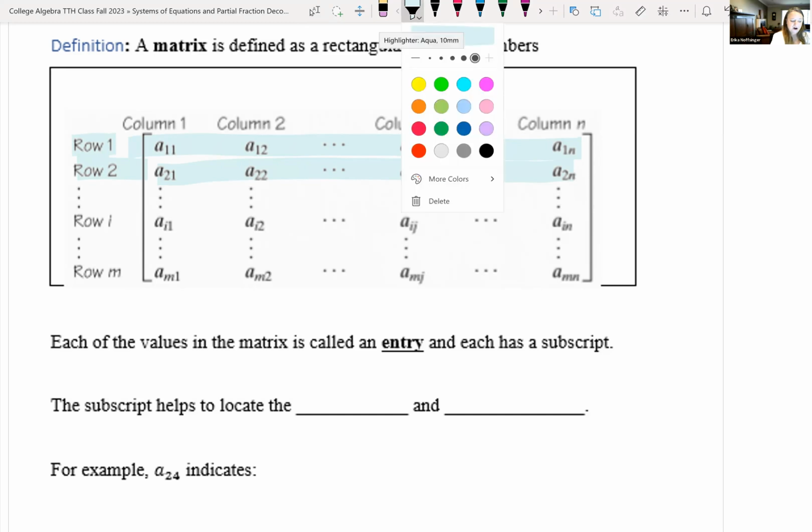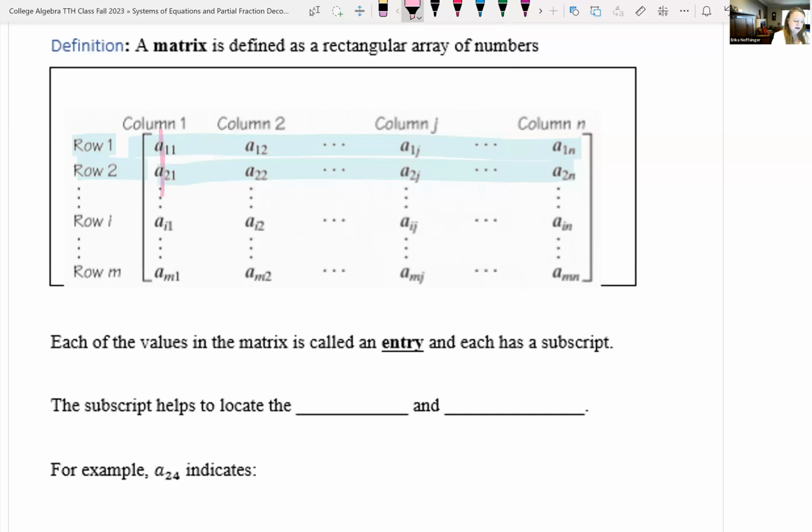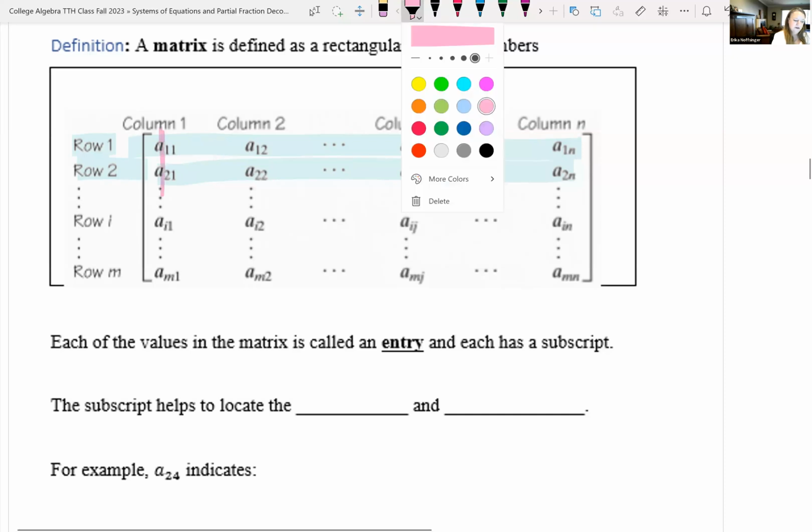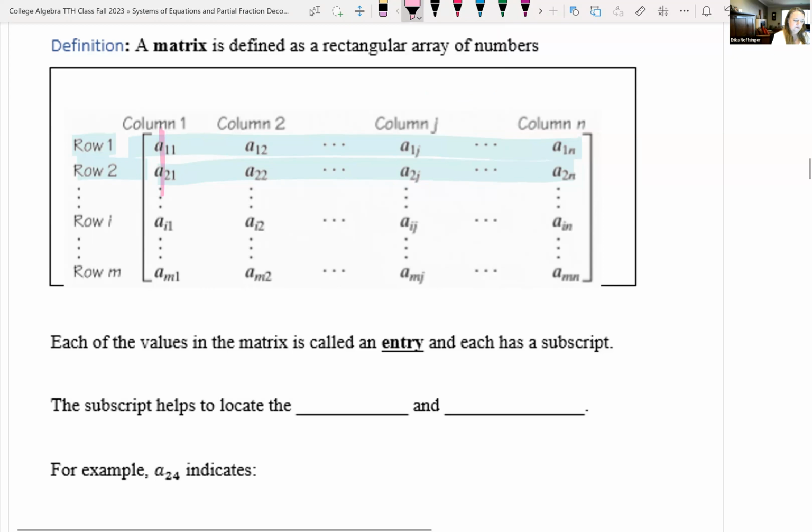Columns are our vertical lines. And so our columns here are in here. Okay, so our columns are our vertical array of numbers.